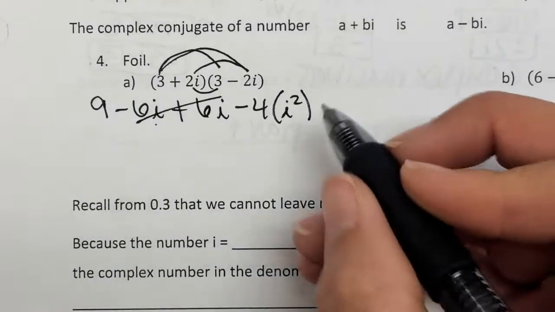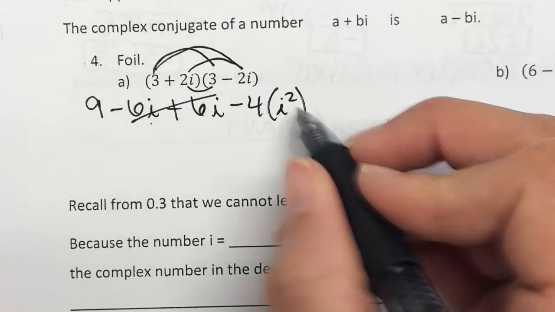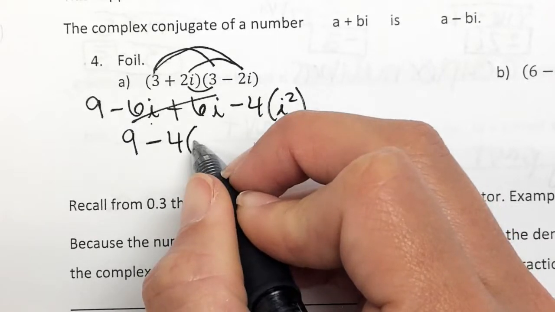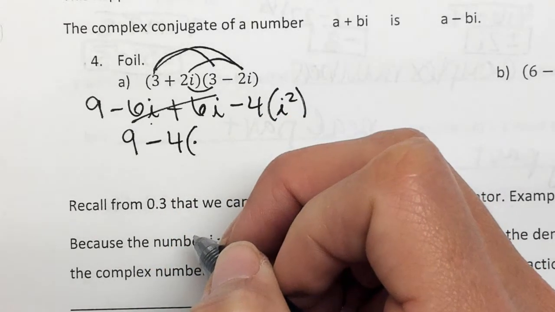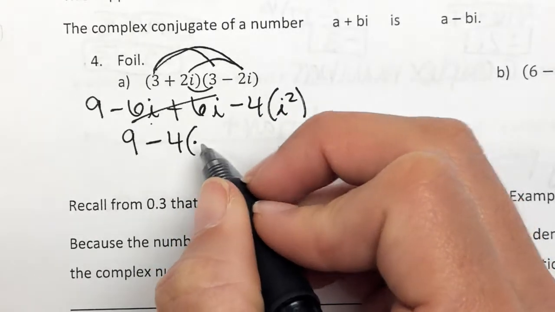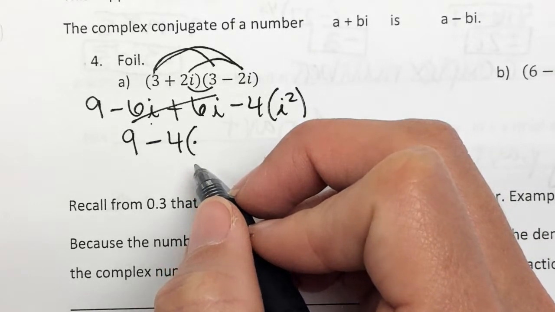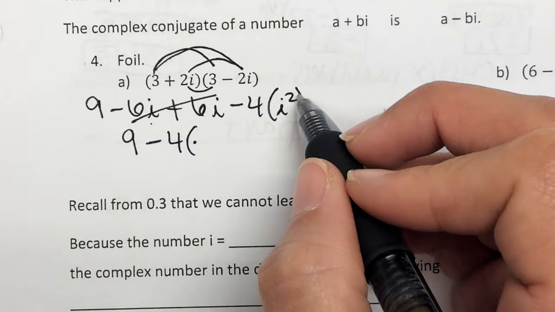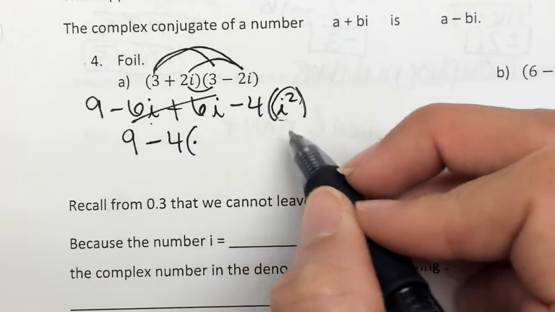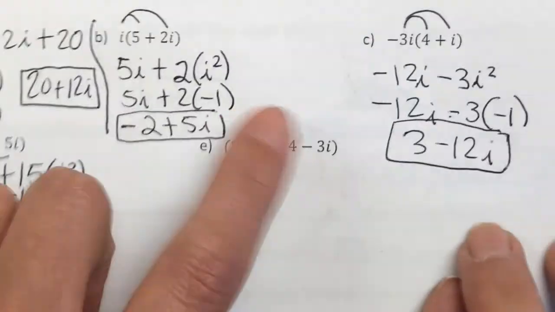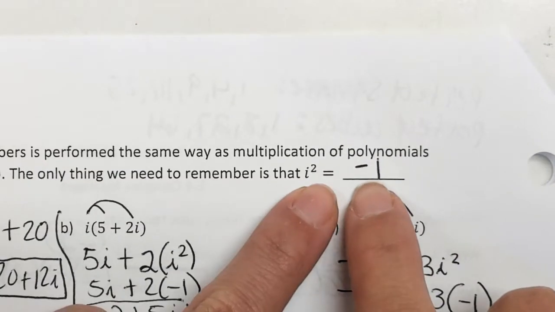Yes. Okay. And then, Jalen, what is i squared? The same thing as? What is i squared? We can replace this with what? Negative 1.